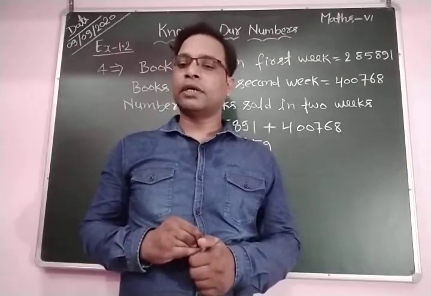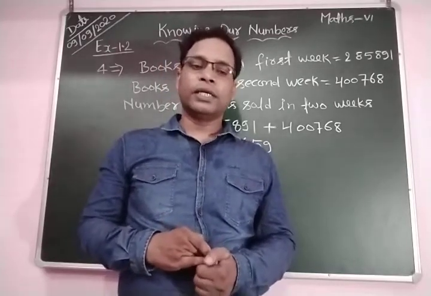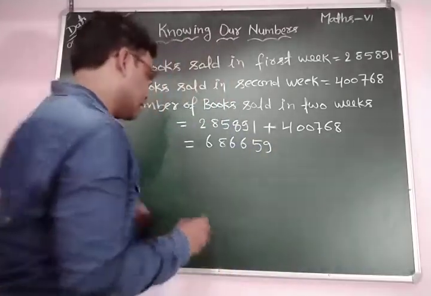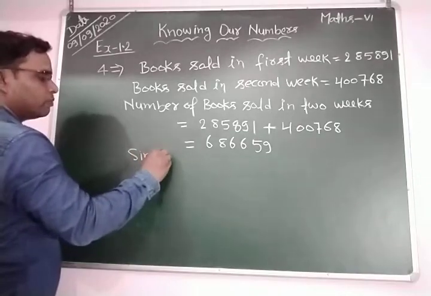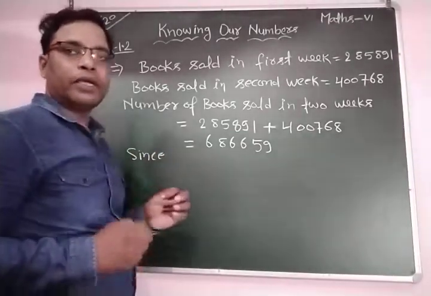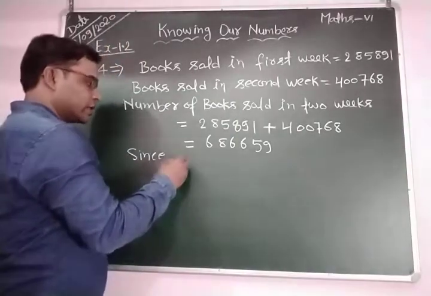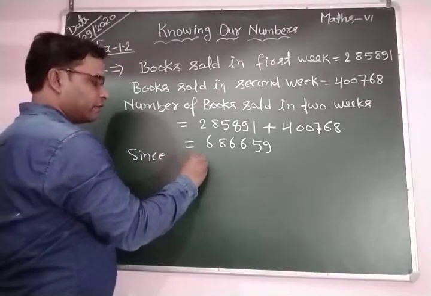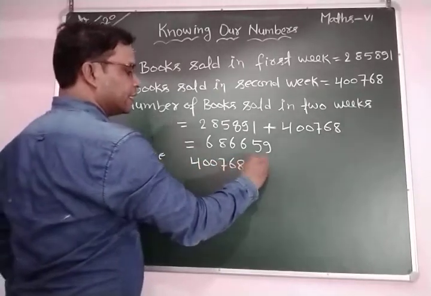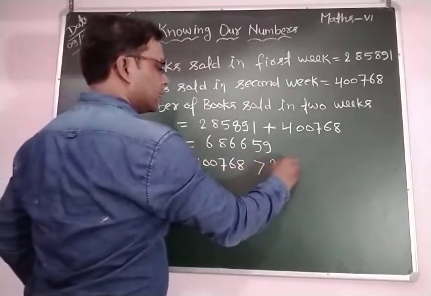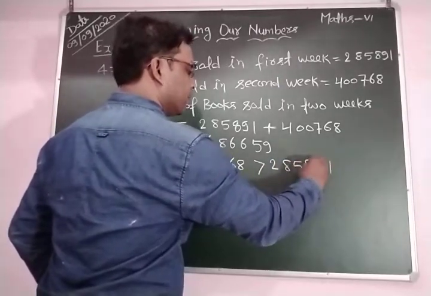In which week was the sale greater? So you can see here, I hope all of you know how to compare two natural numbers. So here you can say that 4,768 is greater than 2,85,891.